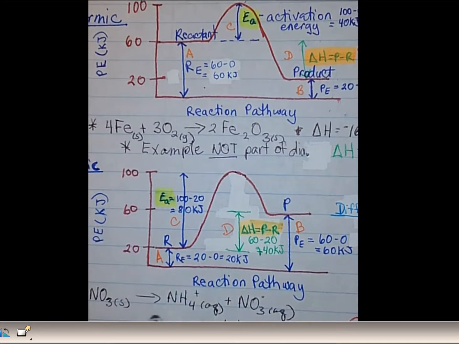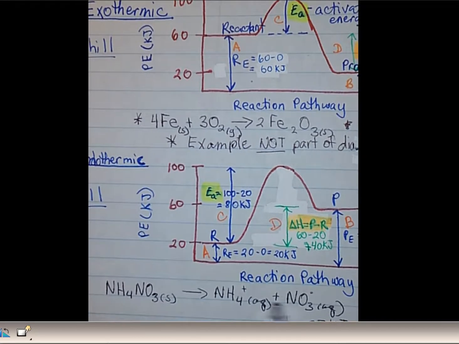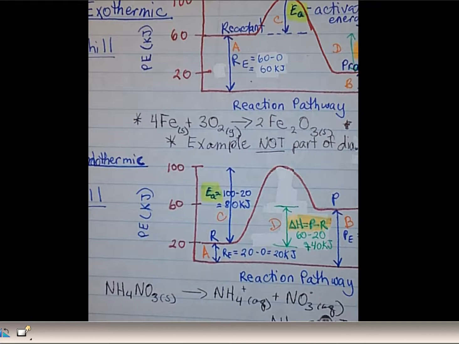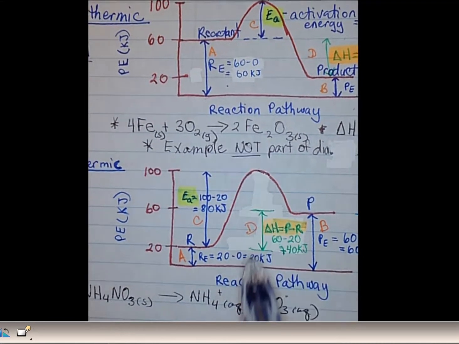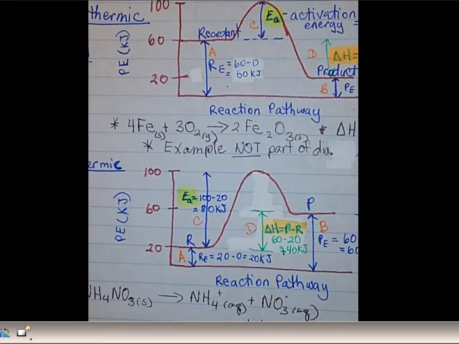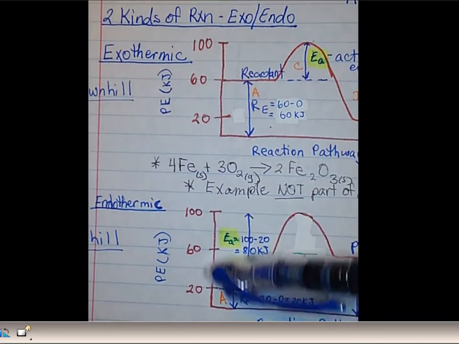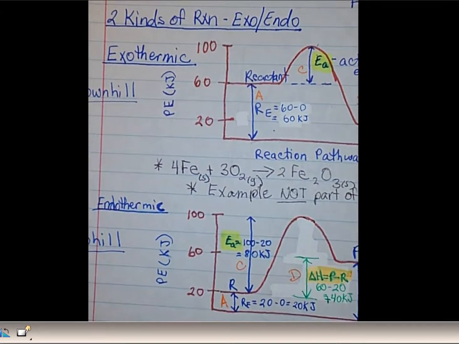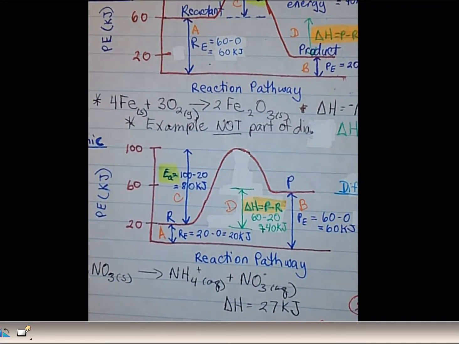Here you've got your reactants, and then you would have your products right here. And the numbers on these graphs I've just made up to give you an easy mathematical scale to look at.